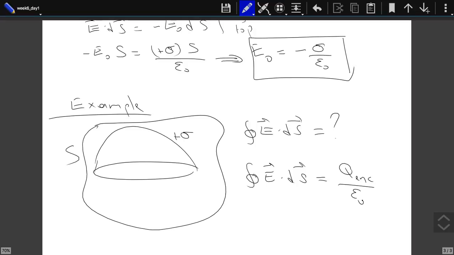But since you cannot say that the electric field has certain properties that will simplify the evaluation of this integral, in terms of some unknown parameters that we couldn't determine, this law is valid but useless. So only in very special cases we can use the Gauss law to determine the electric field. And those are cases which have a huge number of symmetries.